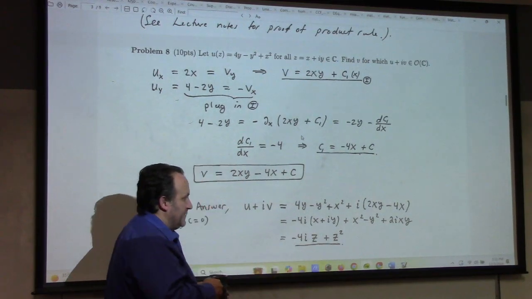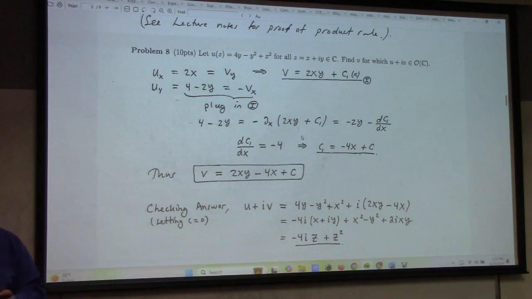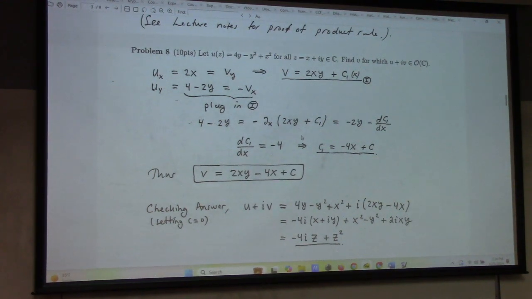Therefore, it's complex differentiable. That's the fastest. The fastest rule of thumb is if something is just a function of z in a polynomial sense, or if it's a composite of a polynomial in z with one of your basic functions like sine or cosine or cosh or sinh, then it's going to be holomorphic.